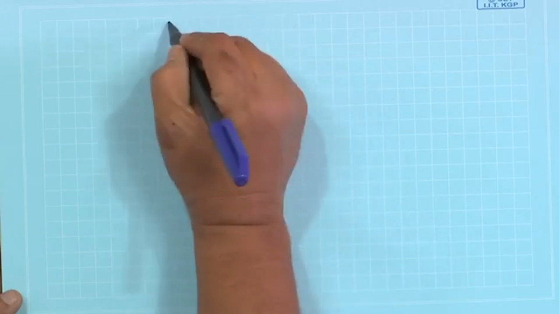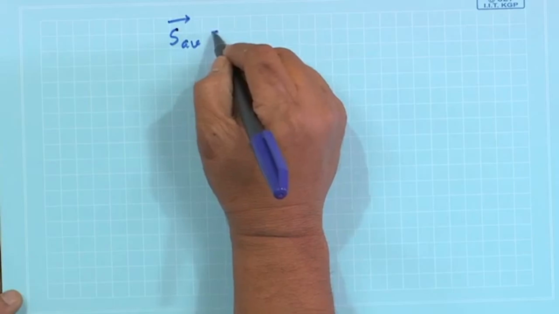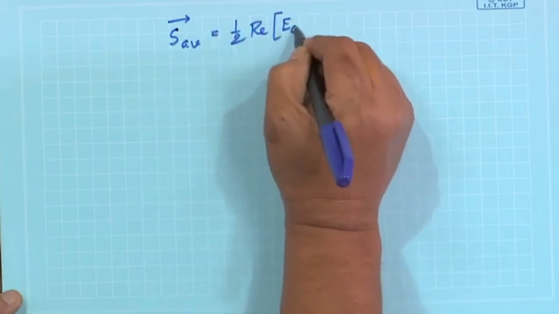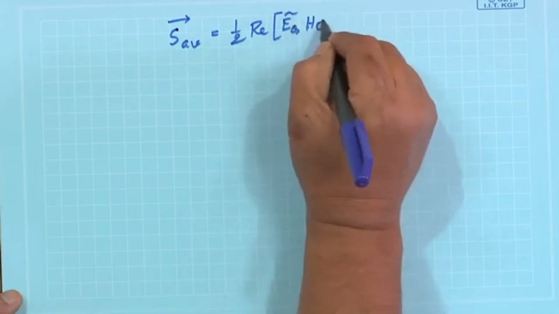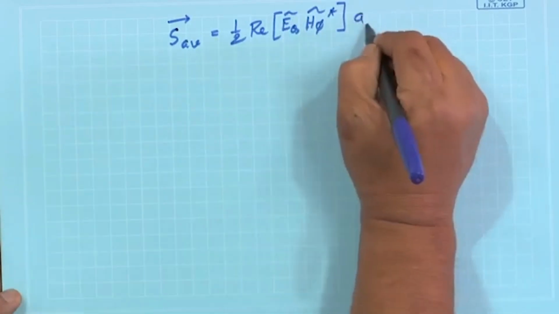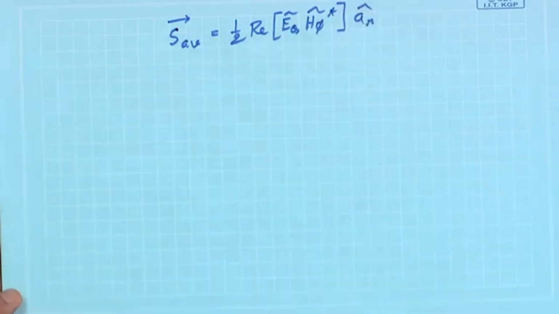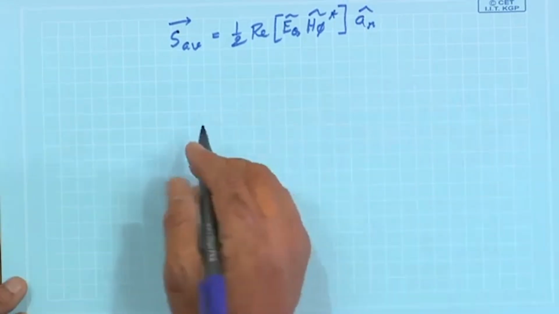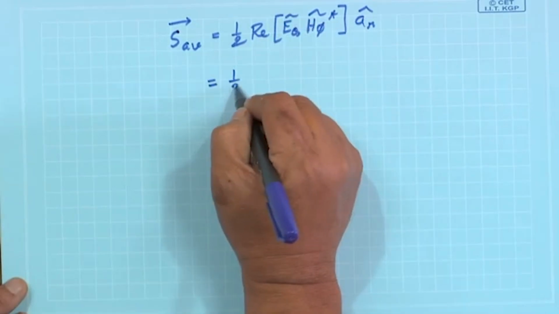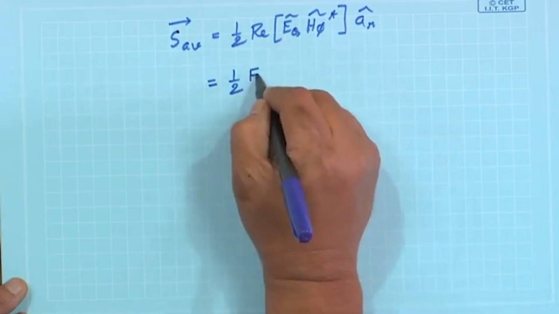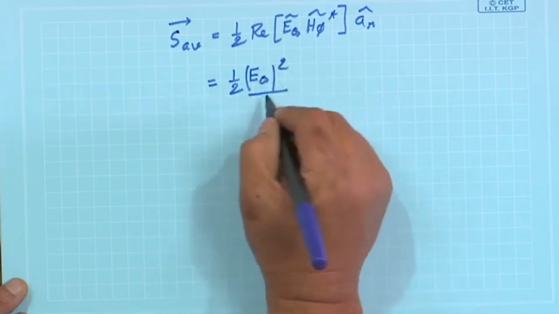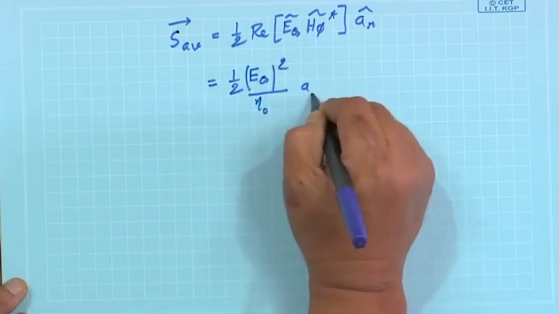That will be S average, and we know that is half real of E theta H phi star in the a_r direction. That we have already proved is true for any antenna. Here we have already found E theta and H phi, so it will turn out to be half E theta square by eta naught a_r.